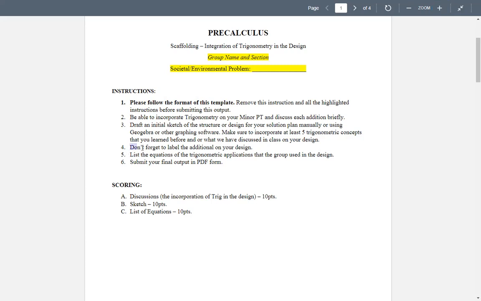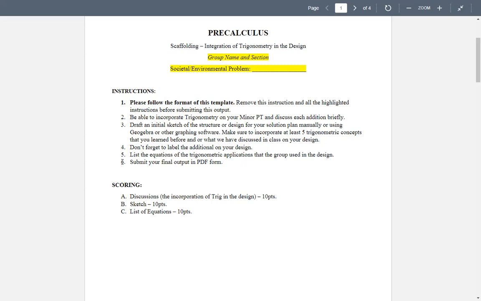Next, don't forget to label the additional on your design so that I can easily find it if there are corrections or modifications there on your equations or whatsoever.